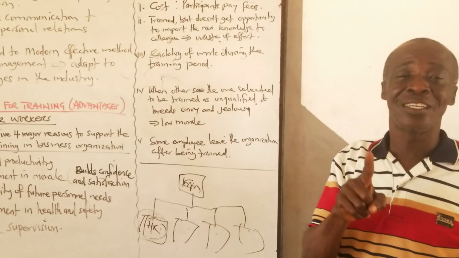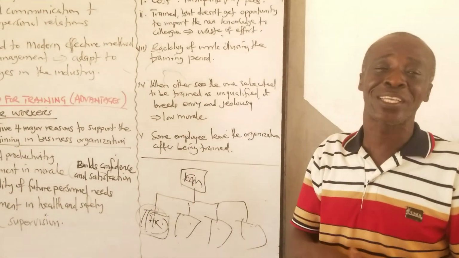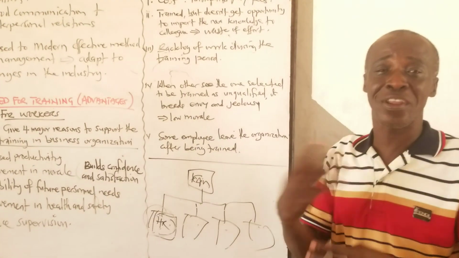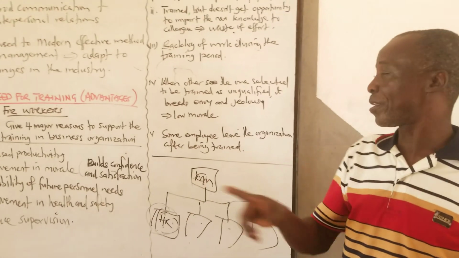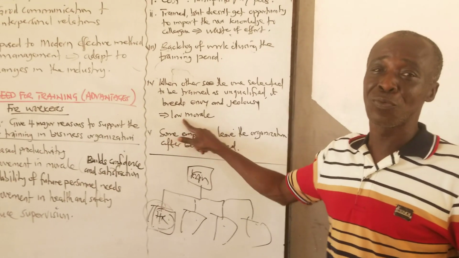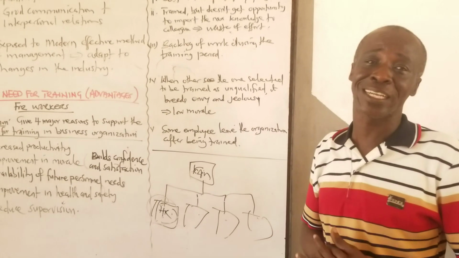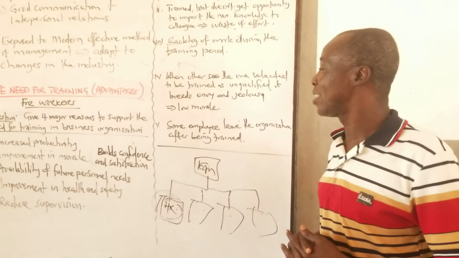So at times, they may choose the wrong people. When the other workers see that it's the wrong person that was chosen to be trained to occupy that position, it breeds envy and jealousy. When that happens, morale will be low. The workers will not be happy. When morale is low, it will affect productivity. So that is the point here.